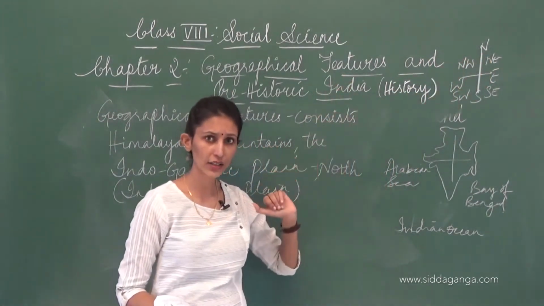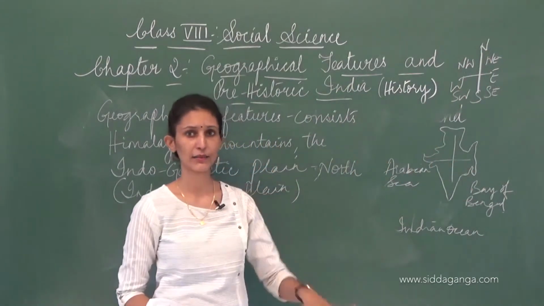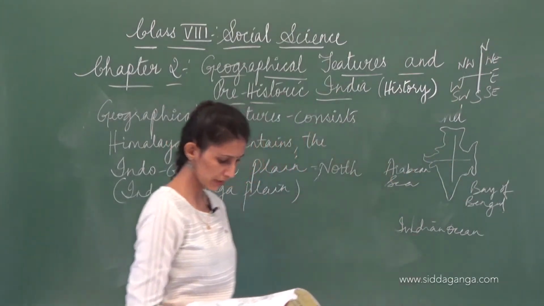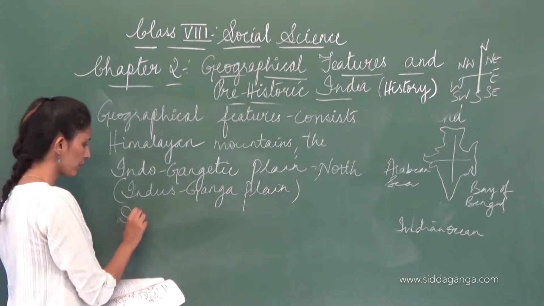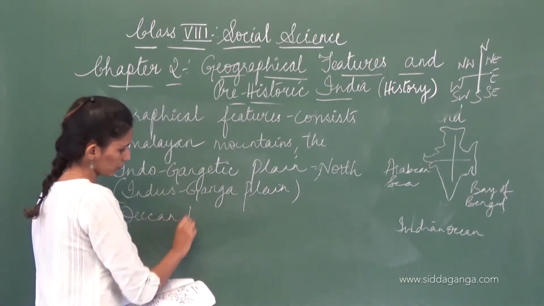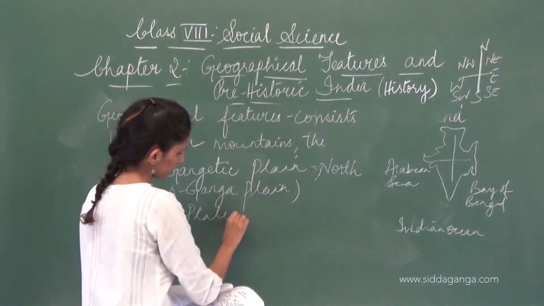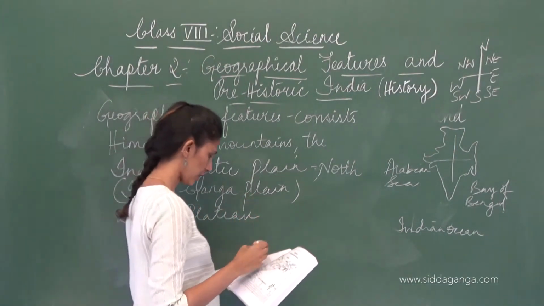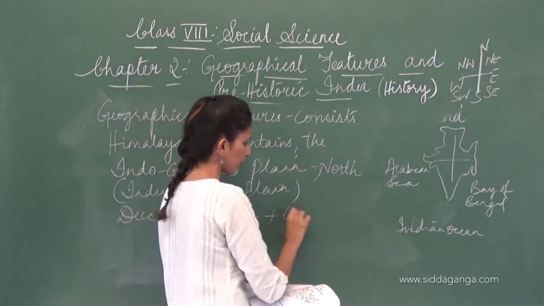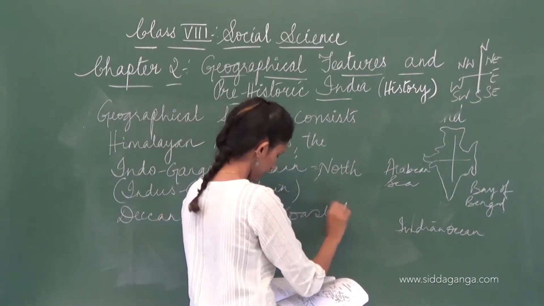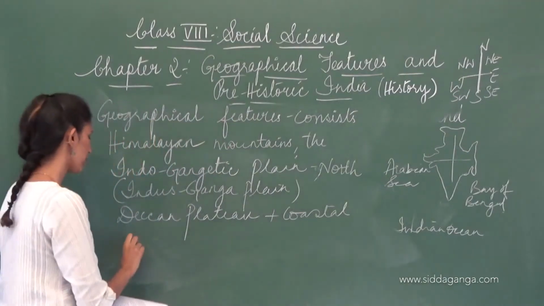Okay, north, south, east and west. Look at the directions properly and you will understand. North, then the Deccan Plateau, alright, Deccan Plateau and the coastal region in the south.